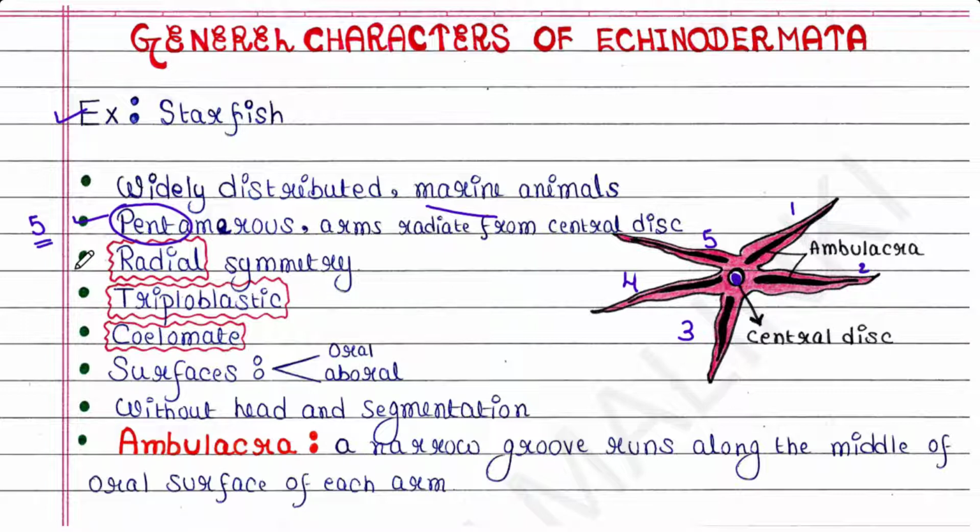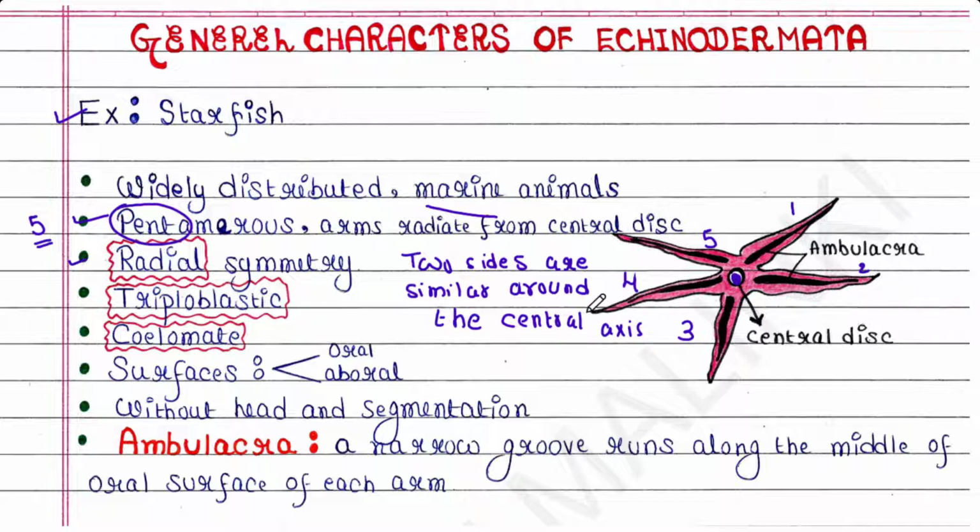They have radial symmetry. So radial symmetry means when two sides are similar around the central axis.